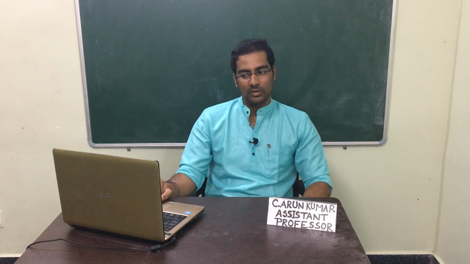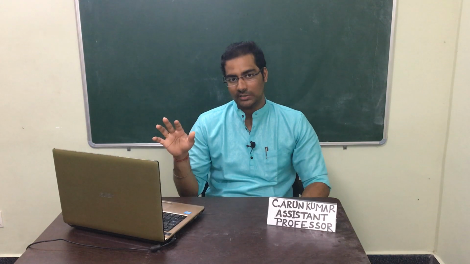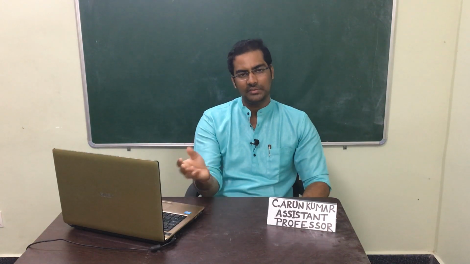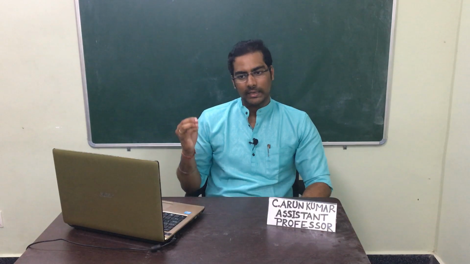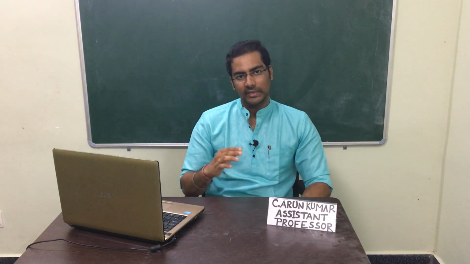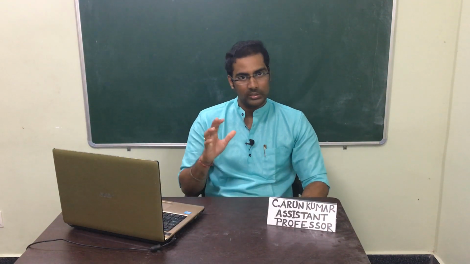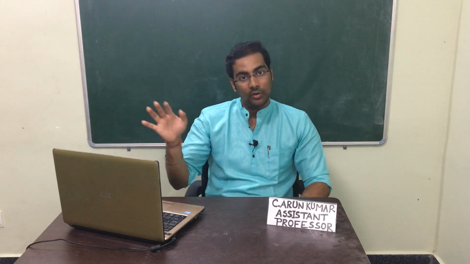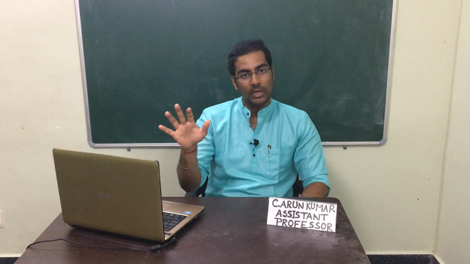The sixth question, what is the unemployment rate in India? The answer is 6.1%. While we are calculating the unemployment, we are not taking students, full-time students. We are also not considering people who are above the age of 65, and we will also not be considering the housewives.